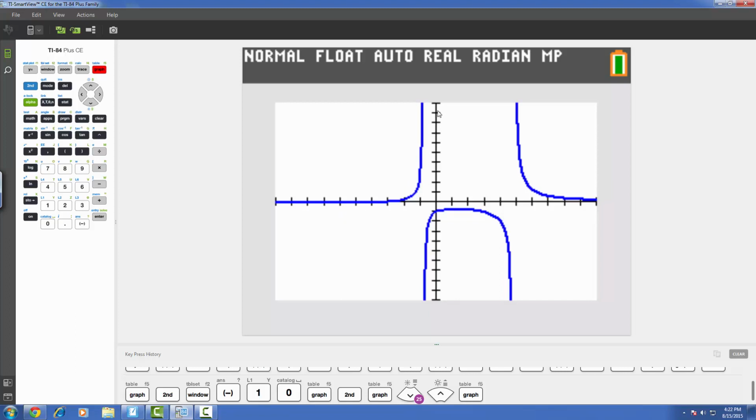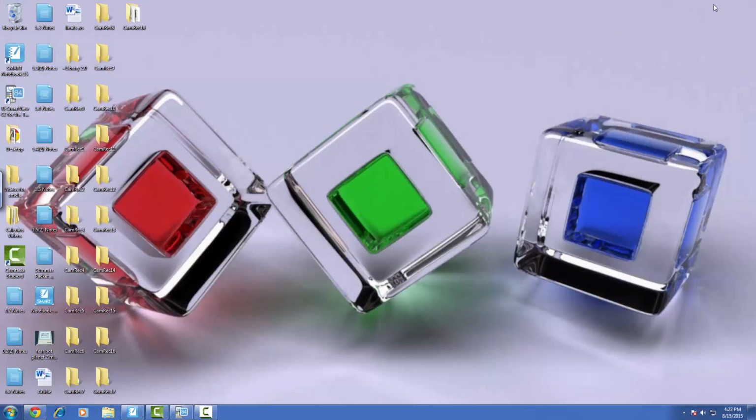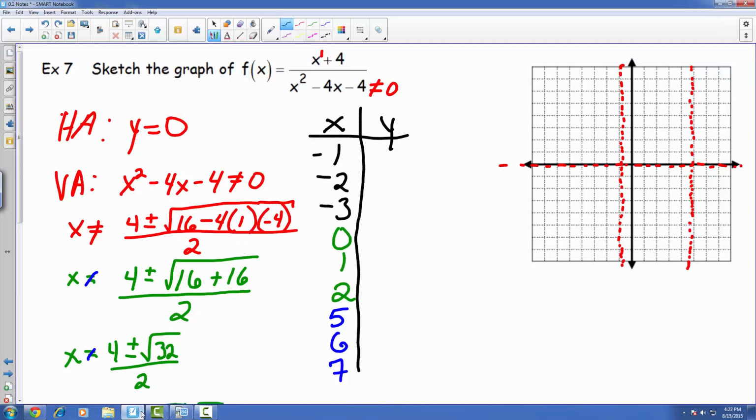There it is. I'll even draw a rough sketch. We saw something that was above here, hugged our VA. Down here it was below. And then it jumped back to above.